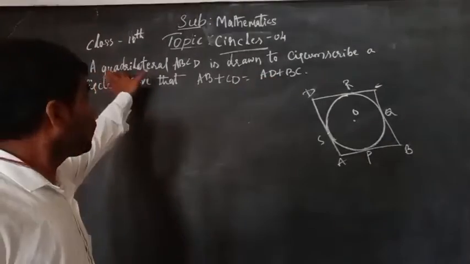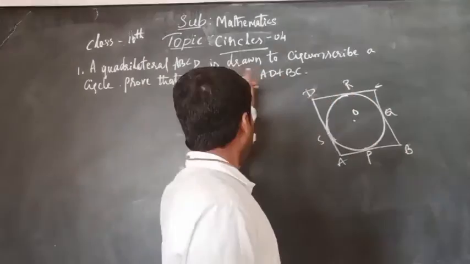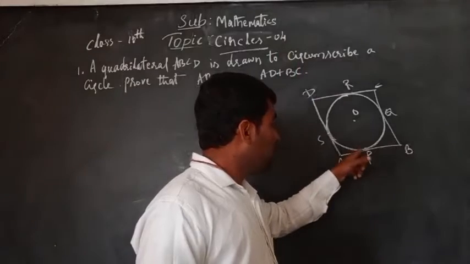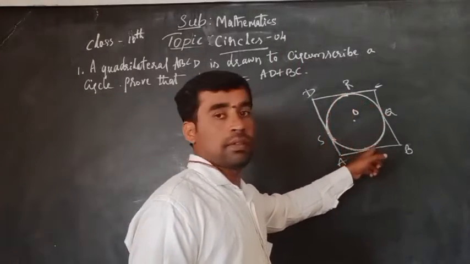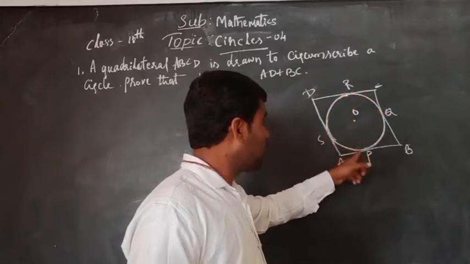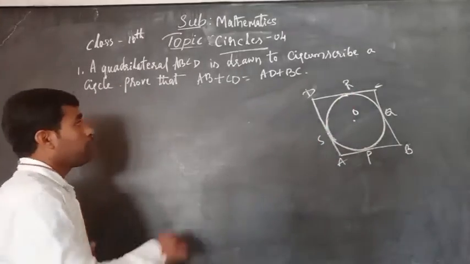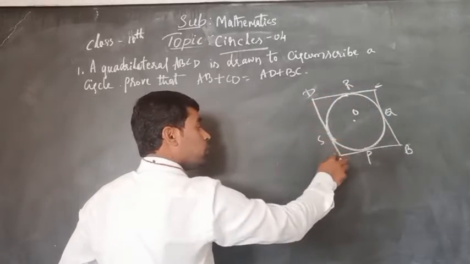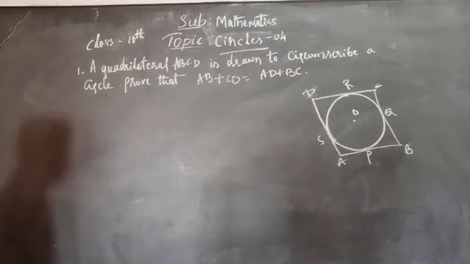Here they are given a quadrilateral ABCD and it is circumscribed by a circle, meaning a circle which touches all the 4 sides of the quadrilateral. Now we have to prove that AB plus CD is equal to AD plus BC.